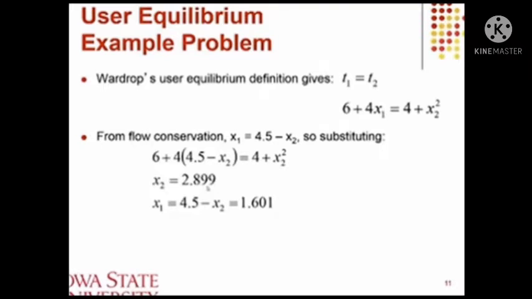At para naman makuha natin yung value ng x sub 1, we need to substitute it to the equation, which is x sub 1 is equal to 4.5 minus x sub 2. So, since meron na tayong value ng x sub 2 dito, which is 2.899, we can substitute it.